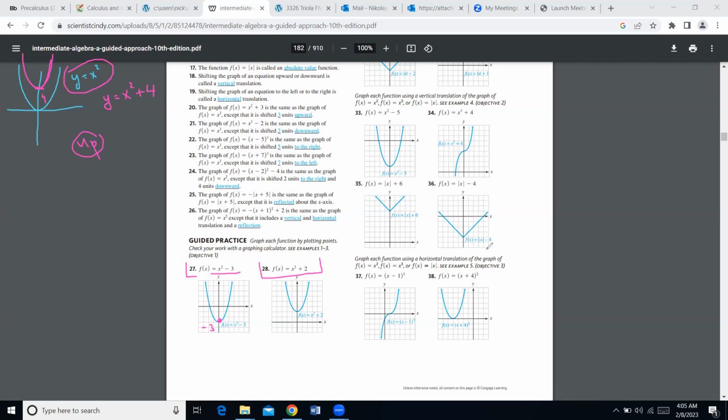Besides moving graphs up or down, you can also move them to the left and to the right. Like in problem 38 that we already saw last time, the graph was moved in the left direction 4 units because we added 4 inside the parentheses, and that's why the graph moved 4 units to the left.